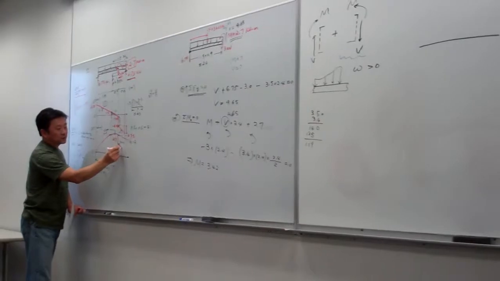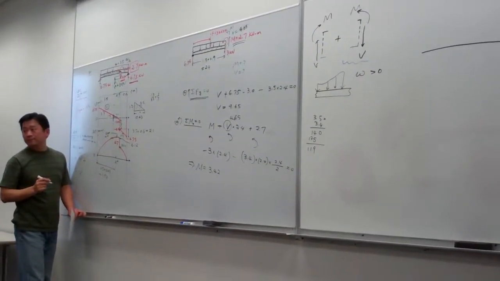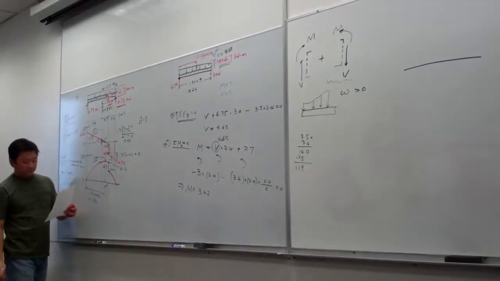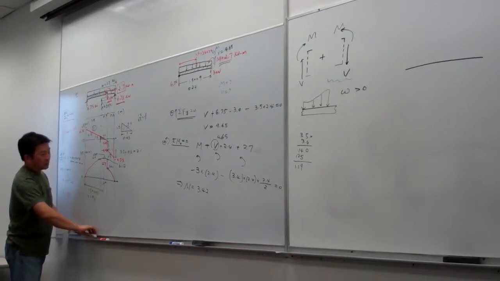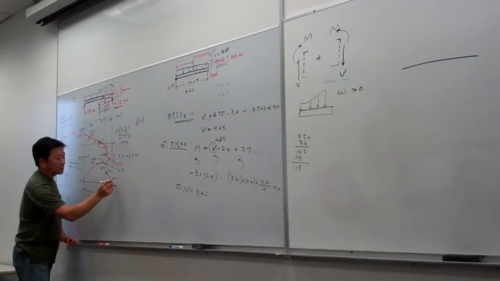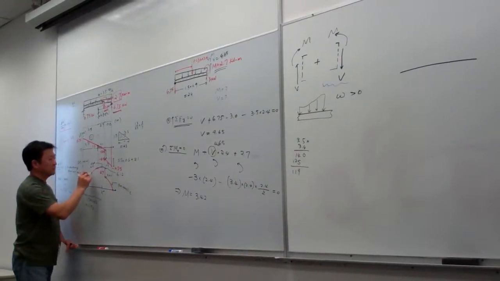So here is the negative slope, and eventually it should wind up here. We can check. So this is the drawing of the curve. Those are parabolic. The same thing here, parabolic.